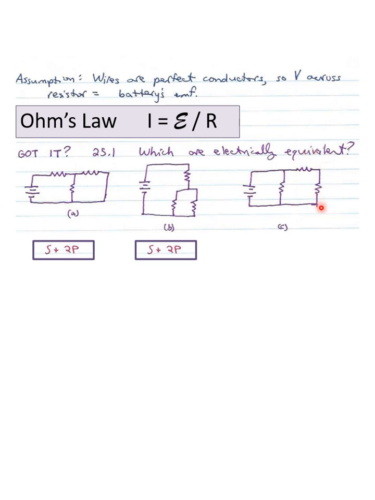Then they join up again at this lower junction and continue. So here we can say that this resistor on the left is in parallel with these two that are in series with each other. So I've written that as it's in parallel with the two that are in series. So we can see that circuits A and B are electrically equivalent to each other, and they are different from circuit C.